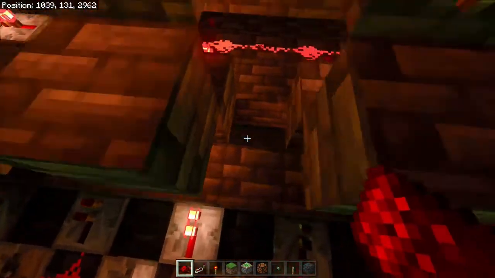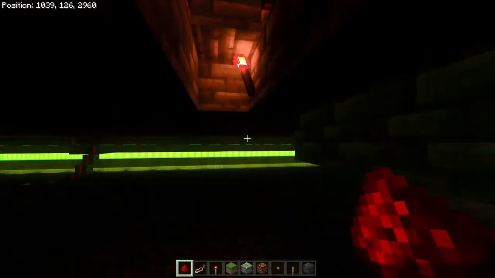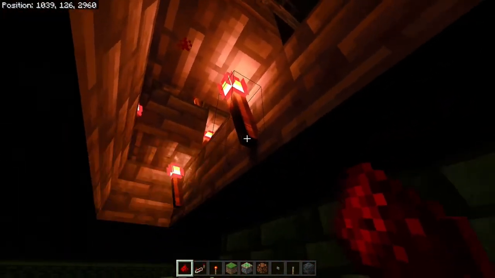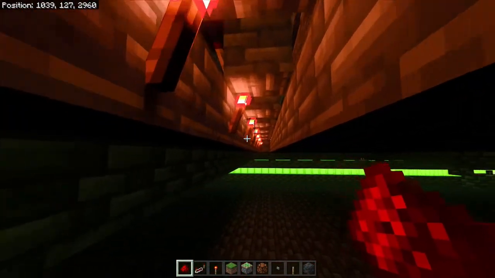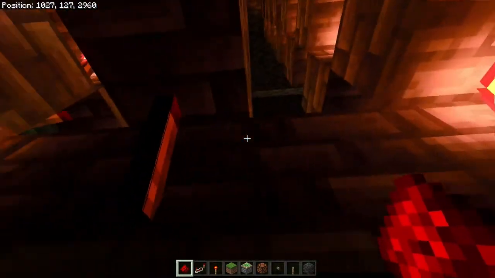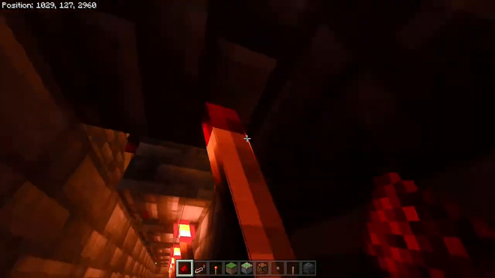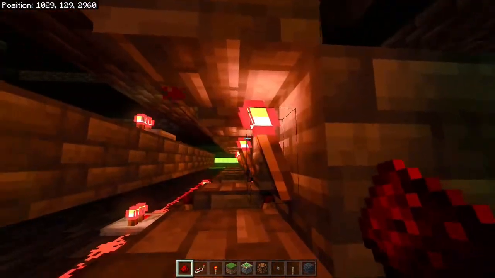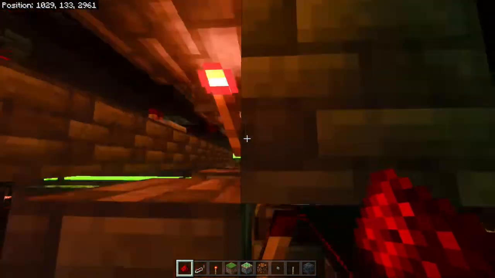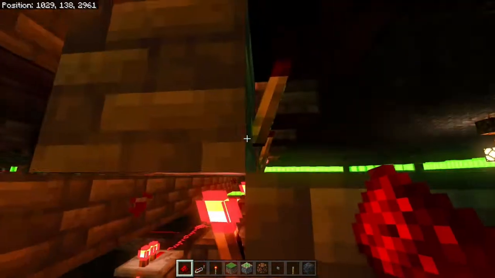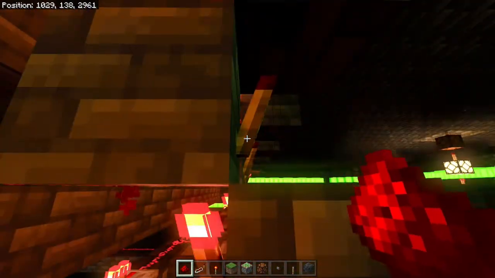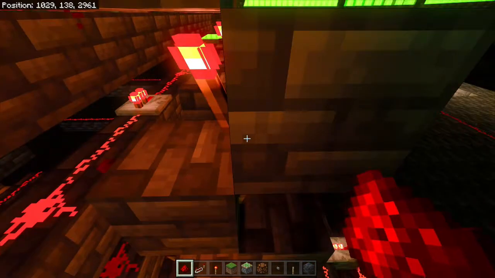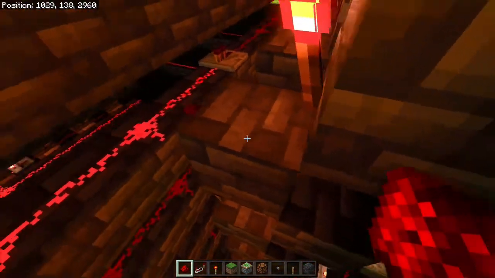And what these are doing is powering this redstone torch. So one of these is turning off at a time. And I'm using redstone torches in this alternating pattern here to move the signal up in a way that doesn't interfere with each other. It's kind of just a space thing, but it causes a lot of delay in the circuit, which I have to make up for later.